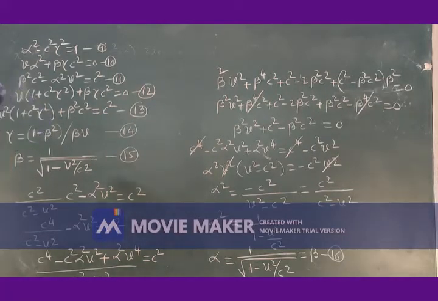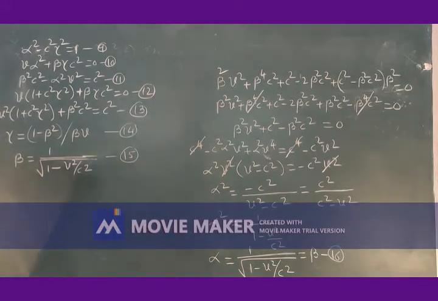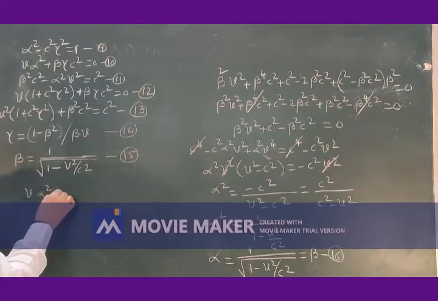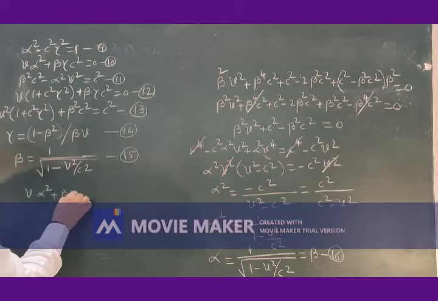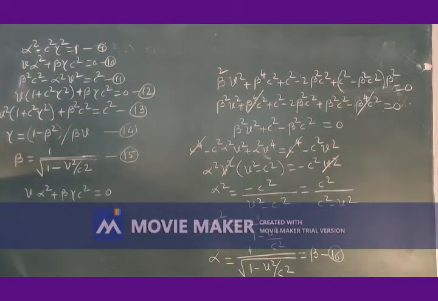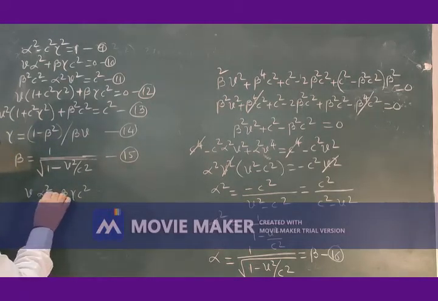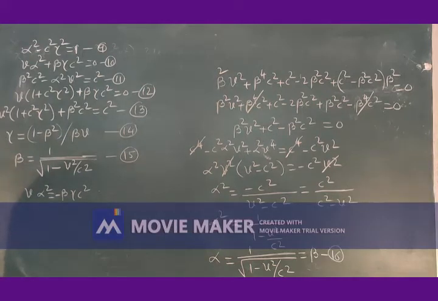Equation 10 is what? This one: v alpha square plus beta gamma c square is equal to 0, or I may have this further as v alpha square is equal to minus beta gamma c square.